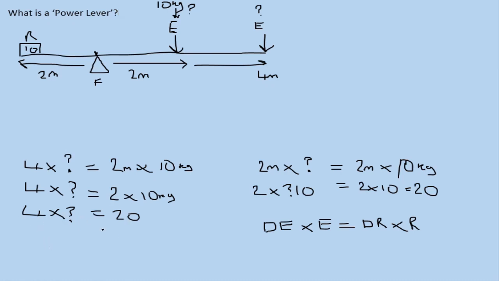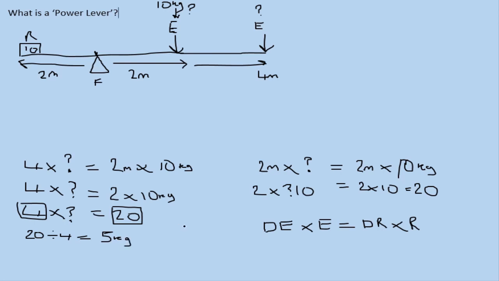What in these figures allows us to work out that if we didn't know 4 times 5 is 20? Well, if we take the total sum from this side and we divide it by 4 on this side, we get 5.